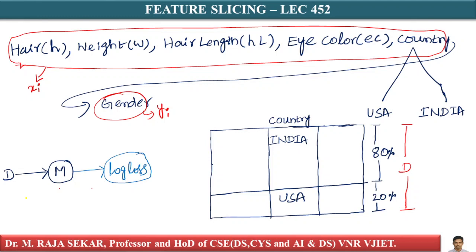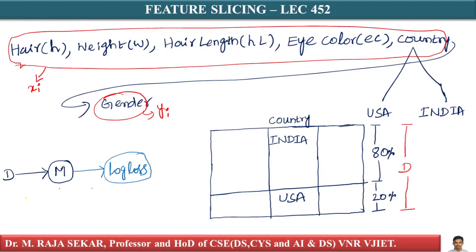Look at this. Indians have very different weight, different hair length, eye color. Observe people from USA: they are typically taller, heavier than people from India, because of various genetic reasons and various social reasons. So there is a distinctive difference between people from India and people from USA.